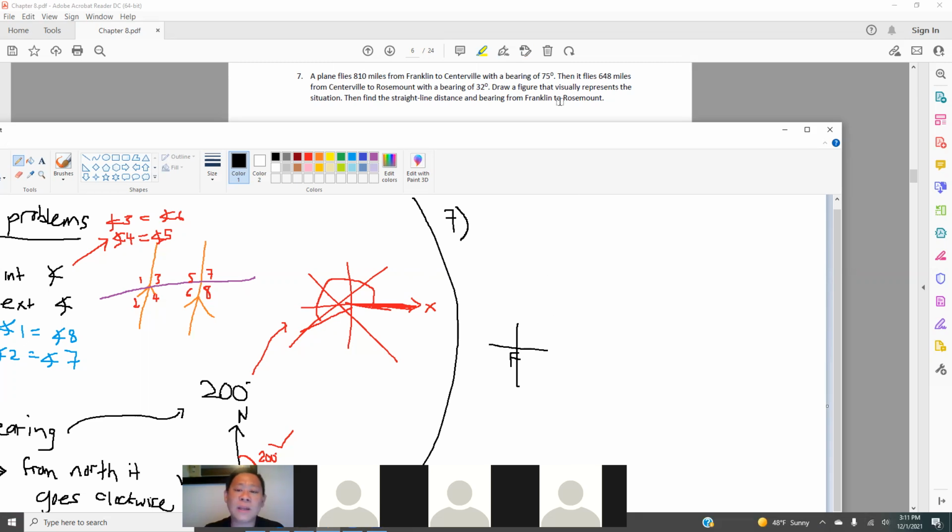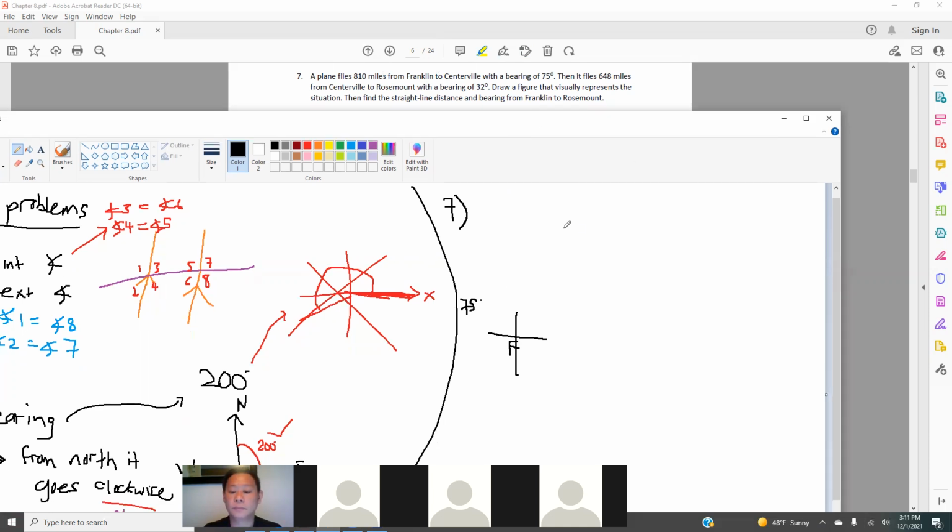So can someone draw me a 75 degrees bearing? What quadrant does it belong to? So again, it's measured from the north. So it goes clockwise.